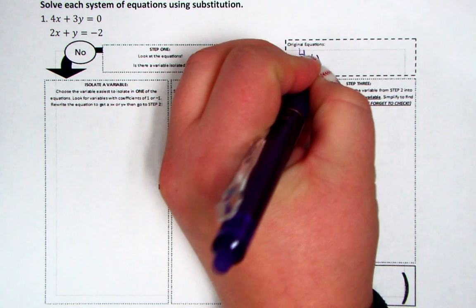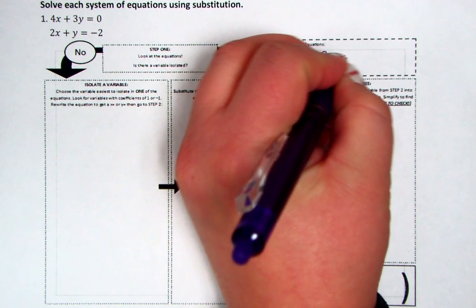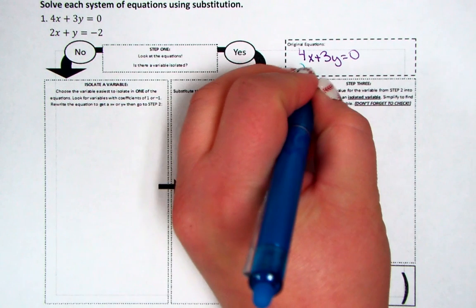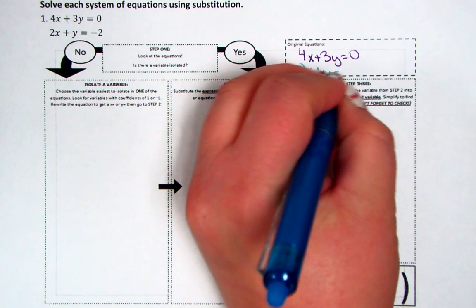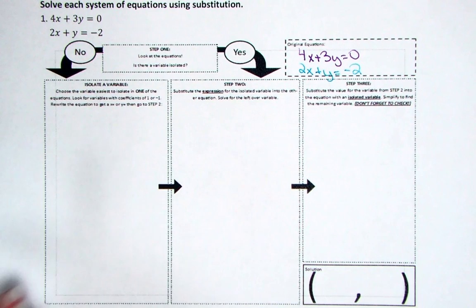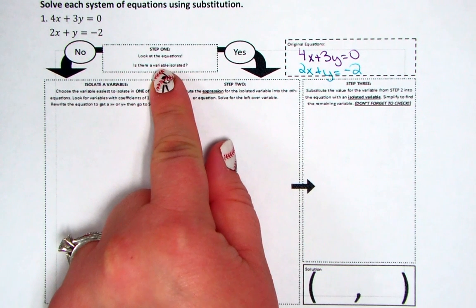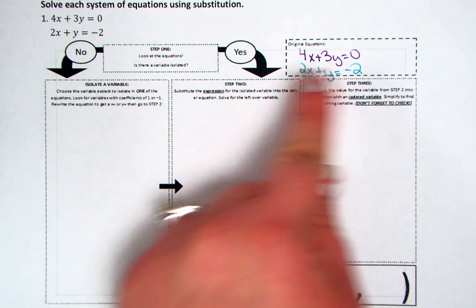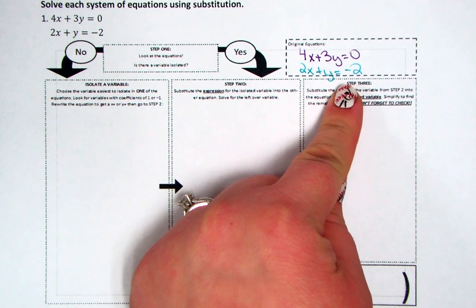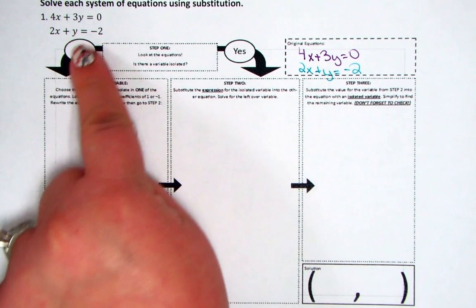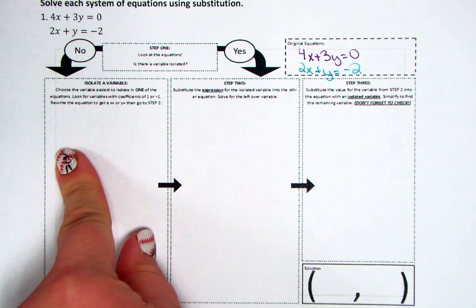4x plus 3y equals 0, and 2x plus y equals negative 2. And we ask ourselves the same question every time, no matter what system we're given. Look at the equations. Is there a variable isolated? No, there isn't. So for the first time, we will have to use this first box here.